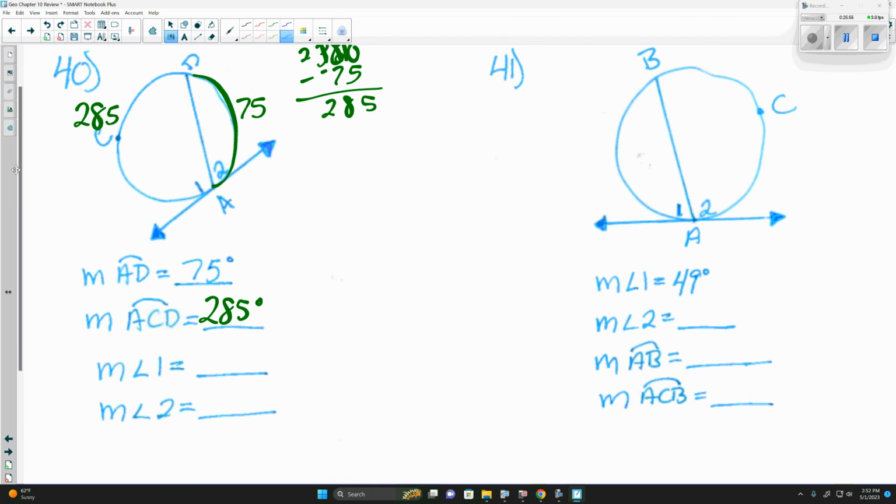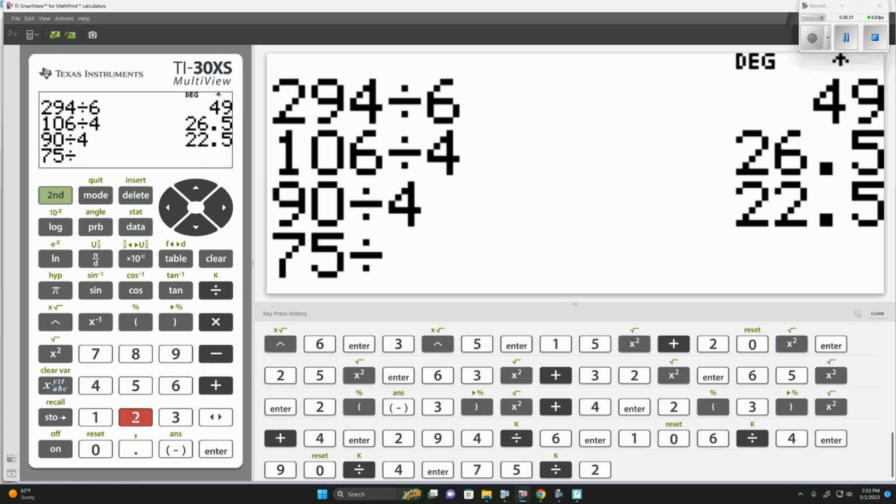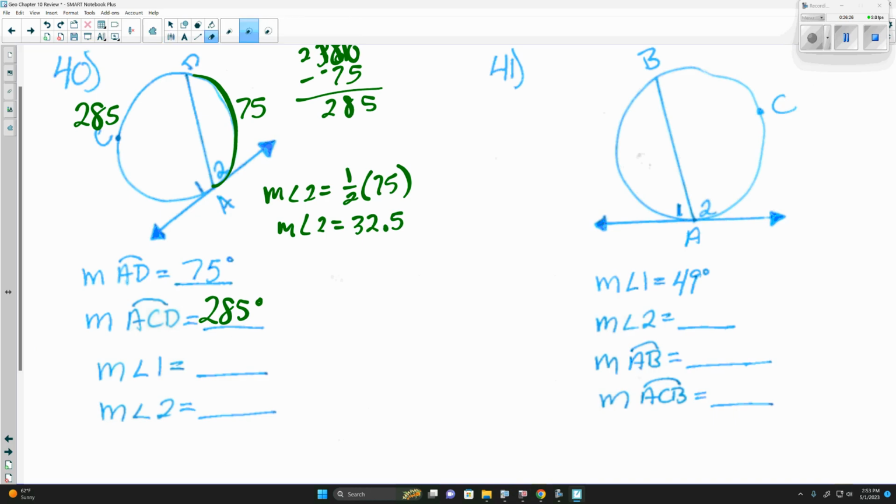Now, angles 1 and 2 are half the measure of their arc. So to find the measure of angle 2, we're going to take half of 75. 75 divided by 2 is 37.5. So the measure of angle 2 is 37.5.